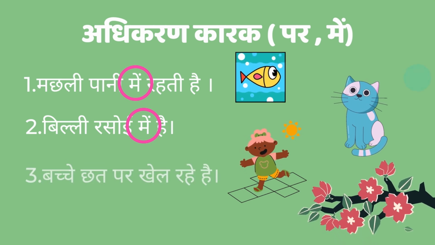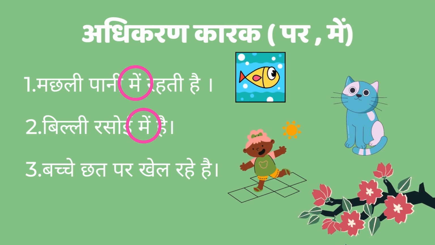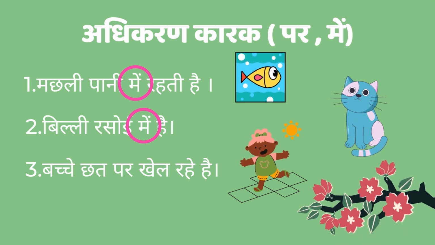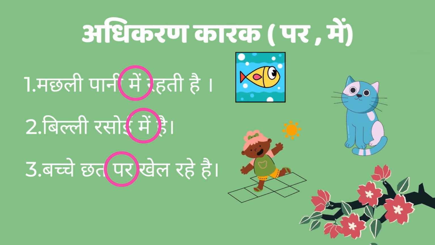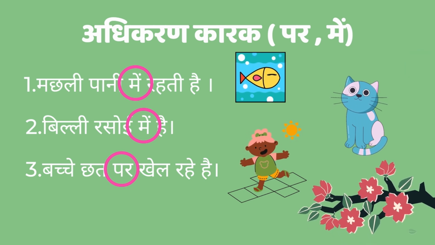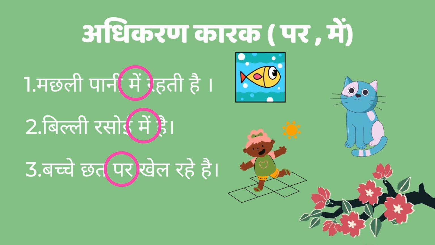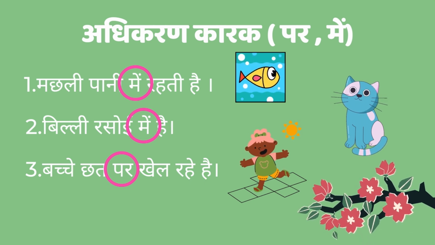Next example. बच्चे छत पर खेल रहे हैं. पर, it means on. So, the meaning of this sentence is children are playing on the roof.